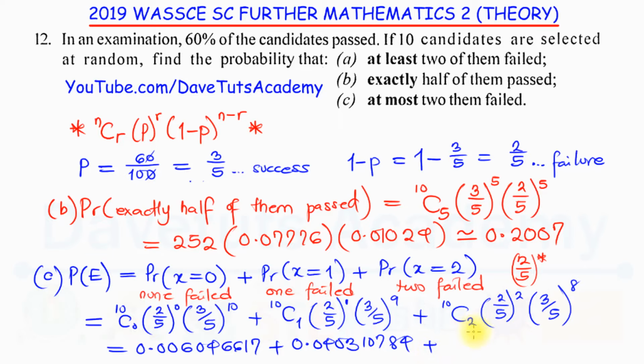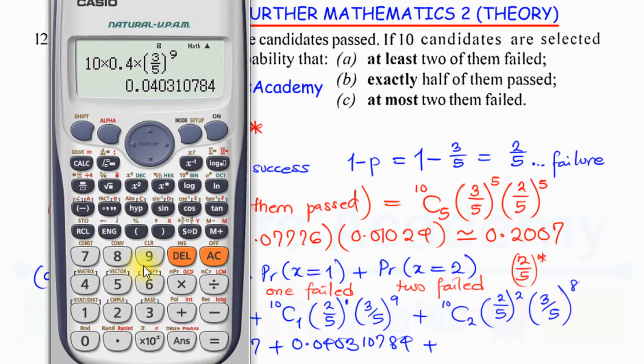Plus, in the third case, I have 10 combination 2. Let me just write this straight. Okay, so I have 10 shift division 2, multiplied by 2 over 5, here we have it to the power of 2, that's square, then multiply by 3 over 5 and close that bracket, to the power of 8.